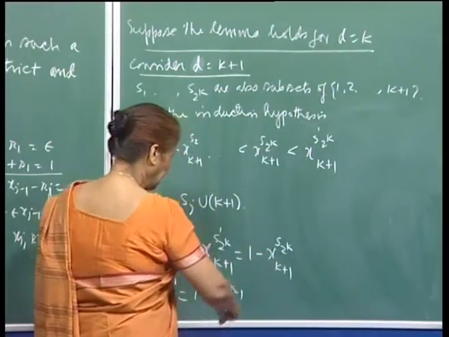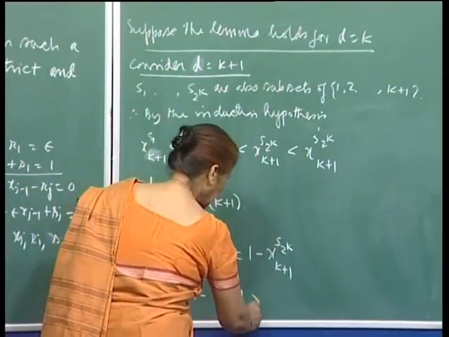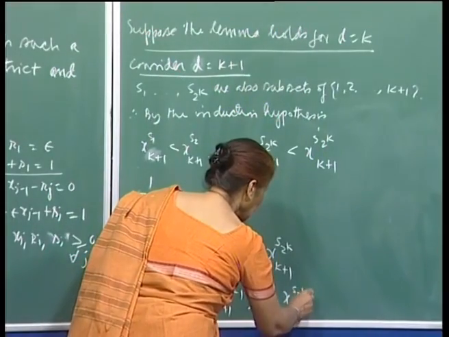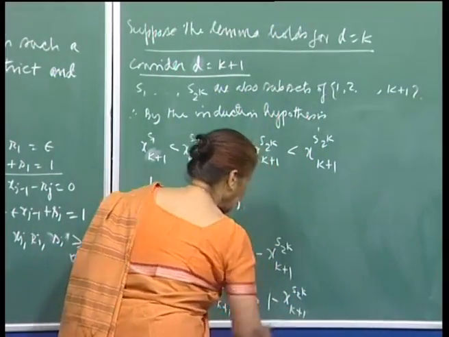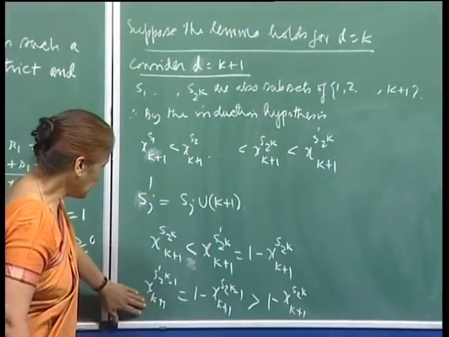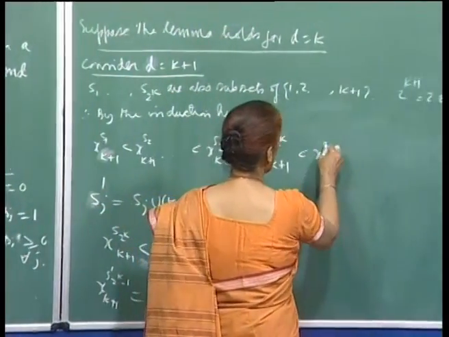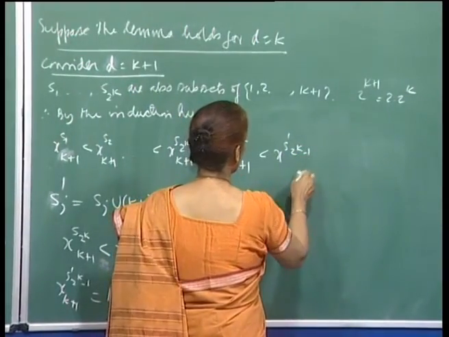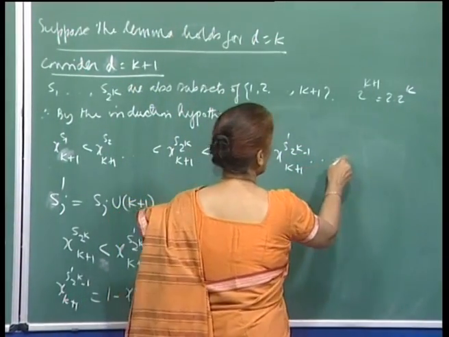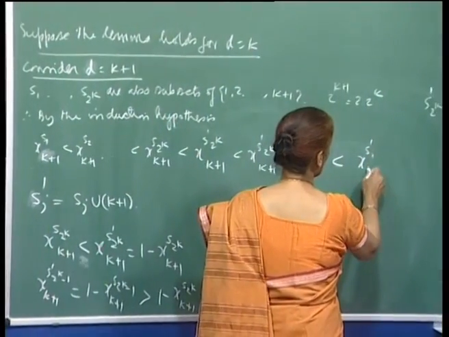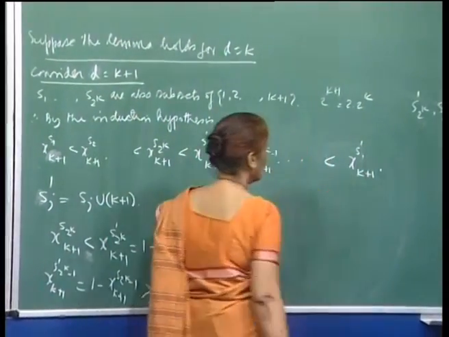So, when you do 1 minus, this will be greater than 1 minus x s 2 raised to k plus 1, and so you have the ordering that this number is bigger than this. So, therefore, I will write this here, x s prime 2 raised to k minus 1 k plus 1 and so on, and so you will finally reach s prime 1 k plus 1, and that is your ordering.